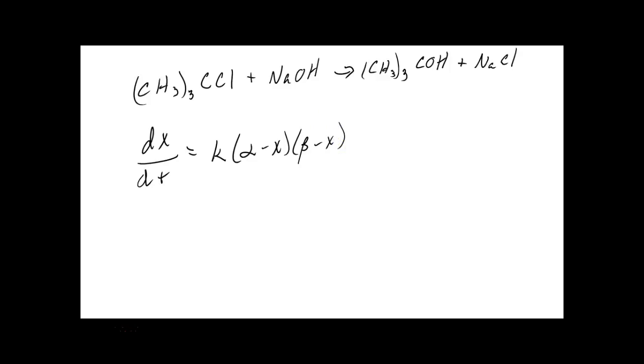Alpha and beta are the initial amounts of the two chemicals that you had otherwise in the problem. So in this problem, that would be sodium hydroxide.